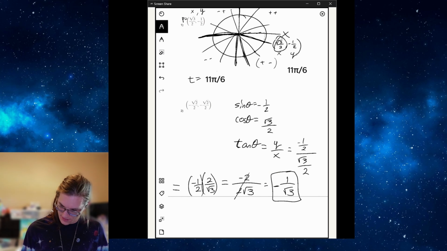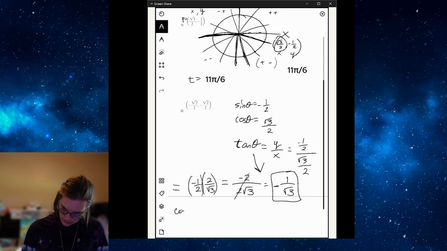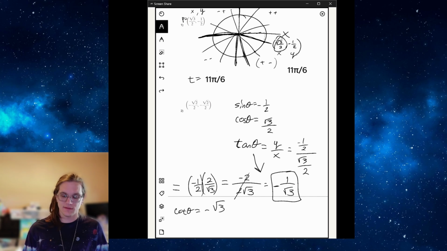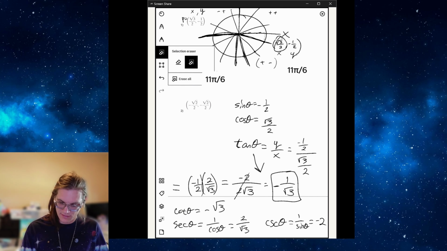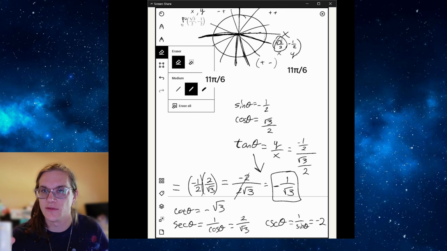That is my tangent, and cotangent is 1 over that, negative root 3 over 1, which is negative root 3. Secant, which is now, what did I say, this is 1 over cos, which is 2 over root 3. Cosecant, which is 1 over sine, which is negative 2. So the hard part there was just saying, oh my gosh, they put a t instead of a theta.